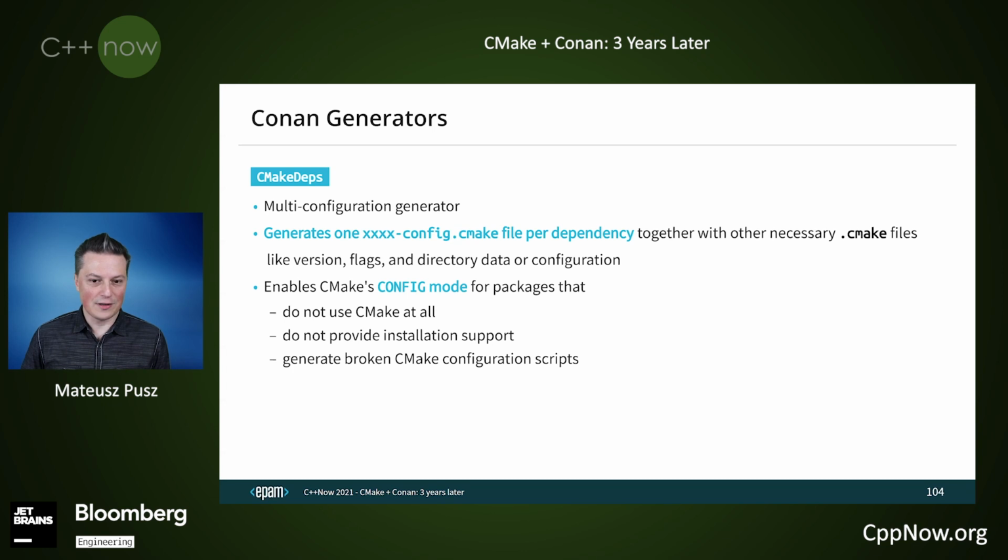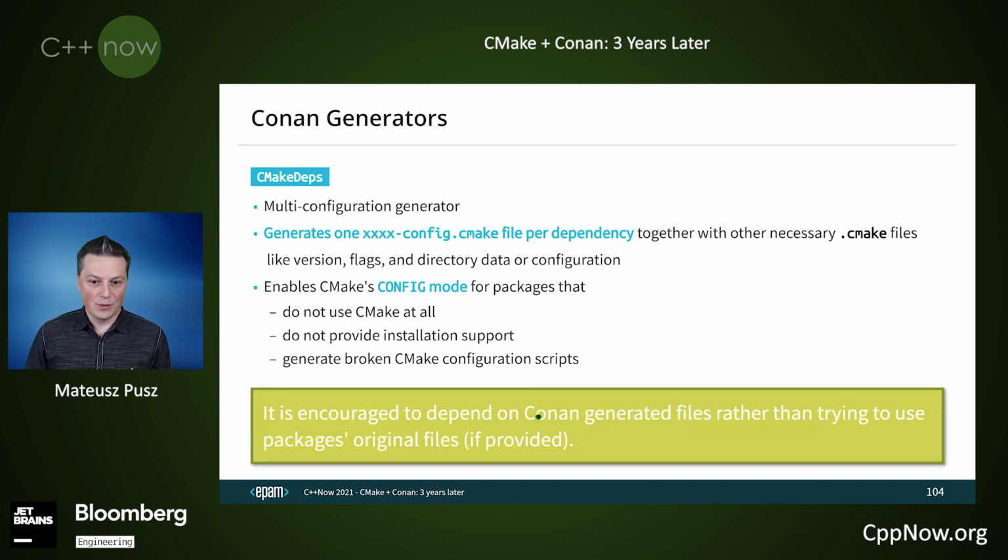I've seen a lot of libraries that do not provide an installation step at all in CMake. Or maybe if they provide those, they are broken, wrong, incorrect. So you should not use them. It's encouraged to depend on the one generated by Conan, not the one provided with the project. The one provided by Conan should be correct and work correctly.